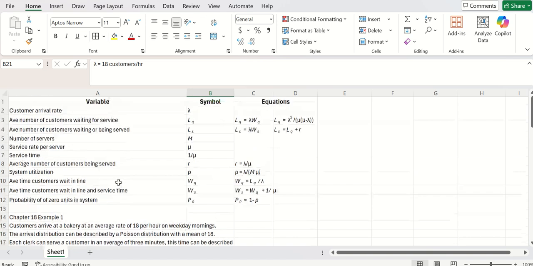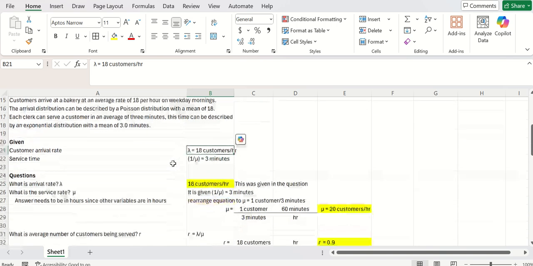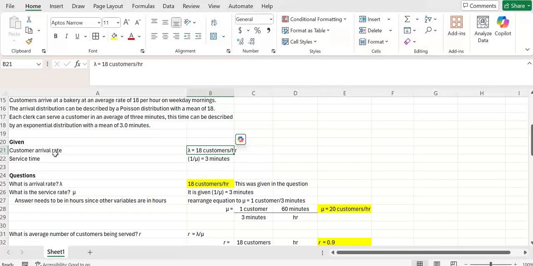Now what you start needing to do is find what the variable is, and determine the symbol that's associated with that variable, because there are equations that we can use to convert things that we know into the variables that we don't know. As a matter of fact, to get things started, what's the arrival rate?